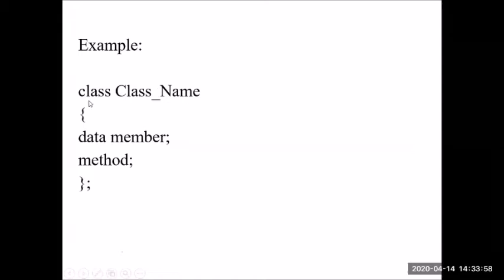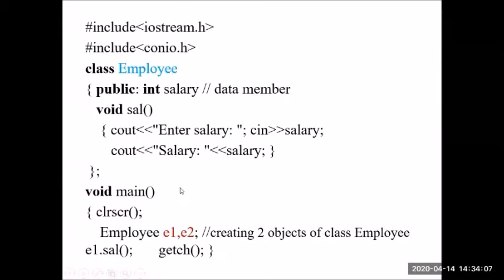Example, a class with some name, the members are included, methods are included, and this is how we declare a class. This is another example where we are talking of a class of type employee. We have included some public variables like salary, which is an integer. It is a data member. This is one type of data in the class.